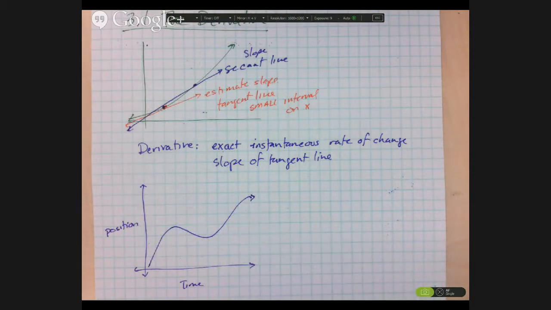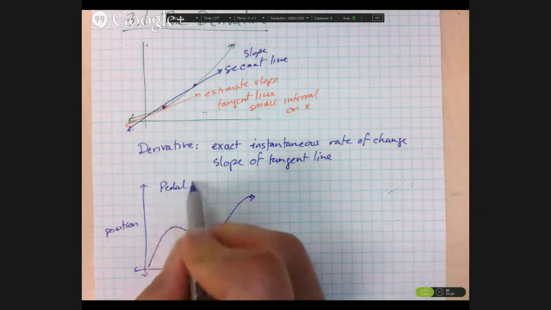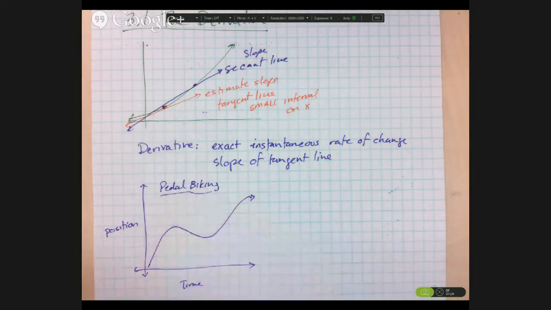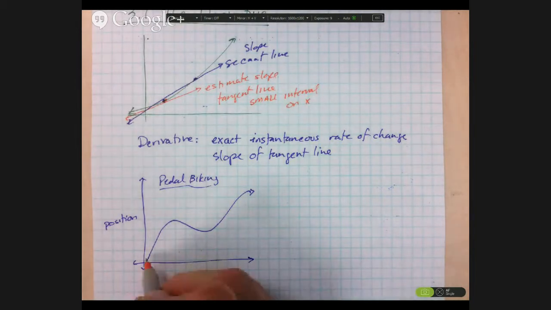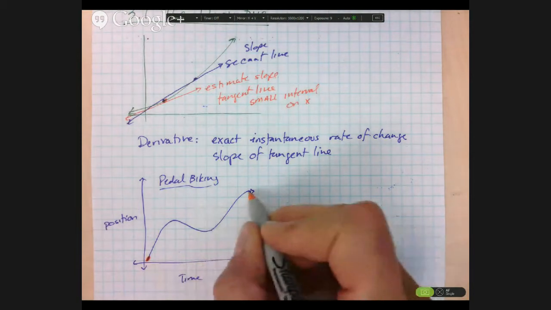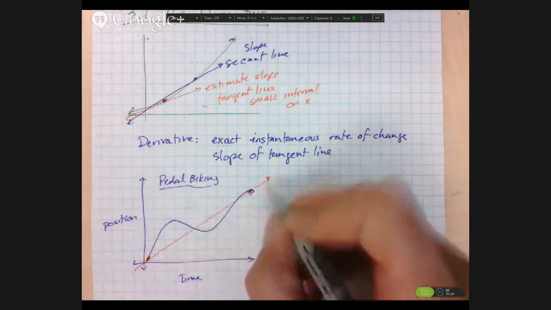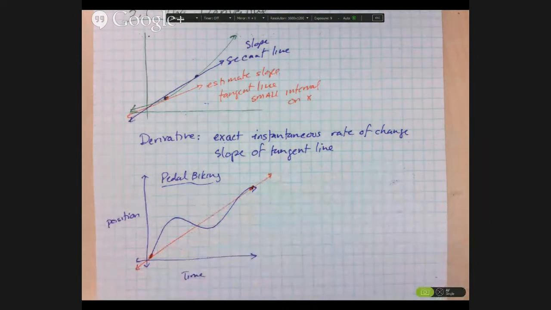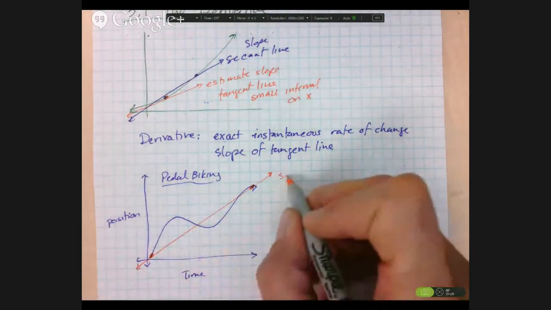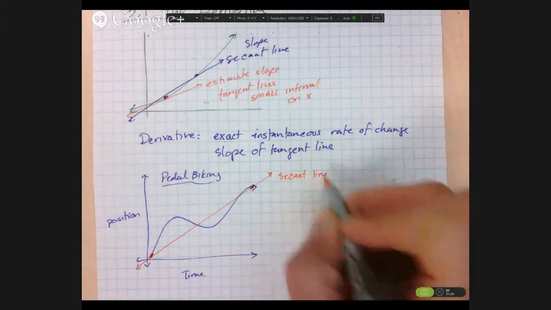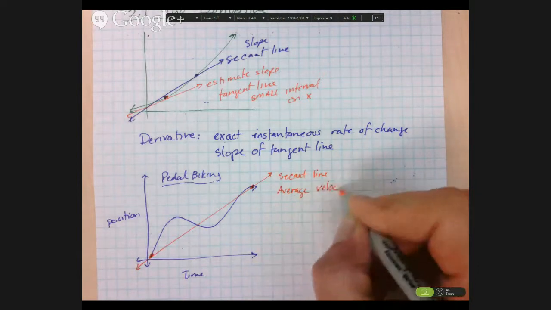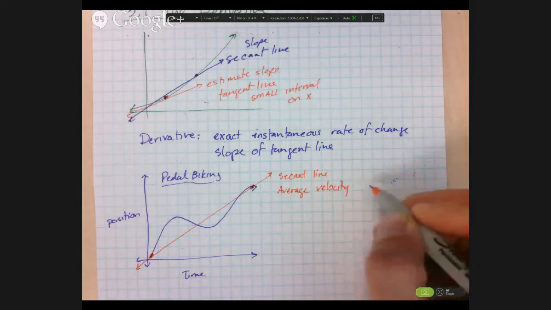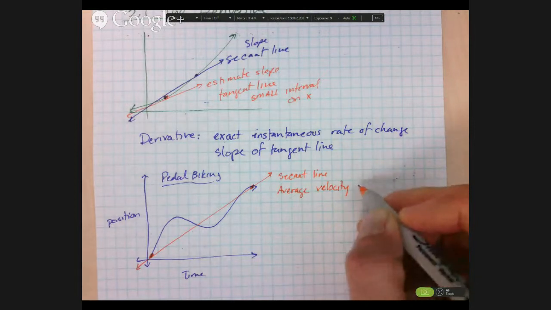Let's say you're pedal biking and you have a time position graph that looks like this. What does the orange line represent? It's a secant line. It represents average slope, average rate of change. In this case, it would be velocity or speed.